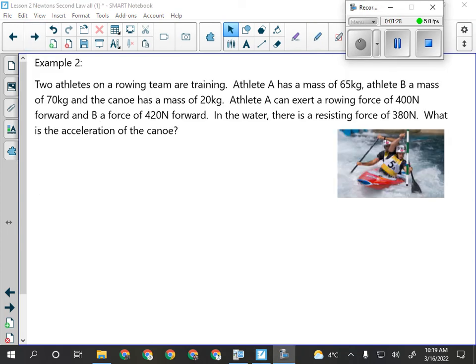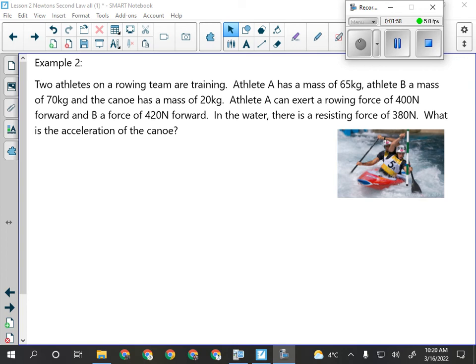Okay, so this one involves you reading a bit more carefully. Obviously, the other ones are pretty simple. The math of this one is not difficult at all, but it's the context of the question that sometimes causes people to make a silly mistake. So we've got 2 athletes on a rowing team training. Athlete A has a mass of 65 kilograms, athlete B a mass of 70 kilograms, and the canoe a mass of 20 kilograms.